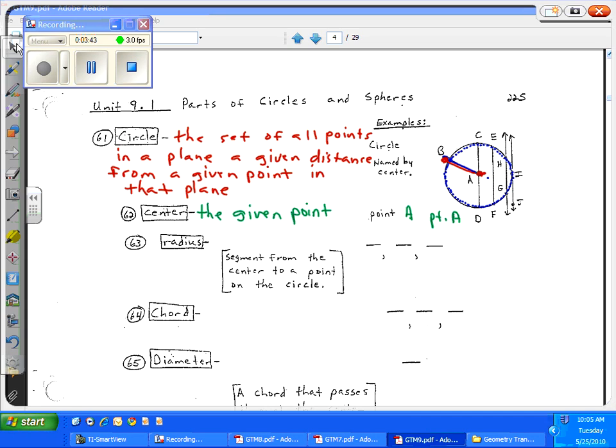So the radius is the given distance. But that's not really the formal definition we want.